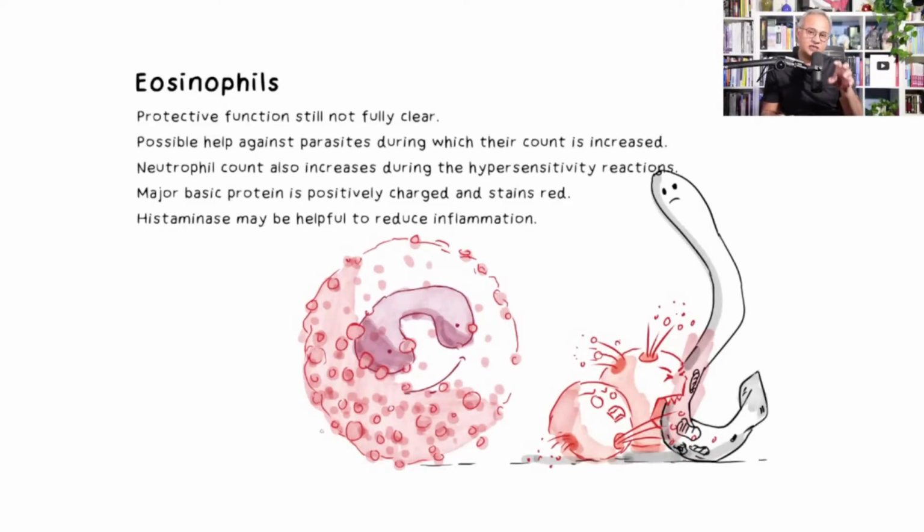What they do is they release the major basic protein. Major basic protein then damages the worm's skin and causes the wounds and injuries to occur and 1,000 cuts and the worm dies. These cells are actually microscopic. Worms are macroscopic. Even then, these cells gather around the worm, release major basic protein, and destroy it.